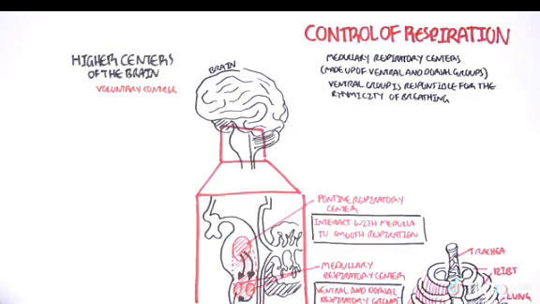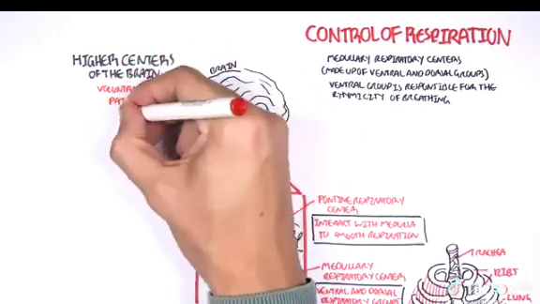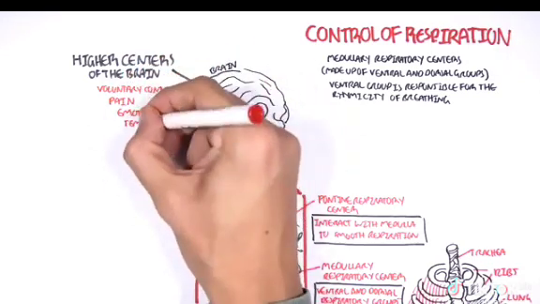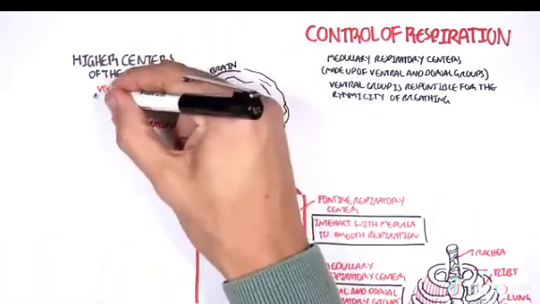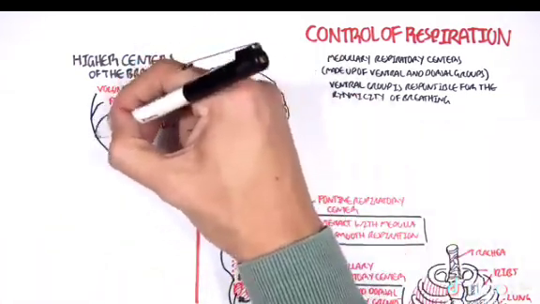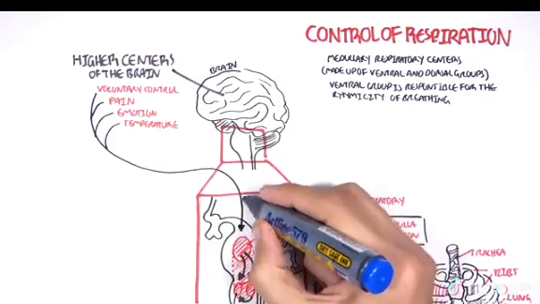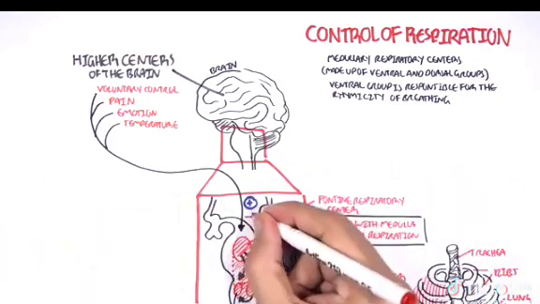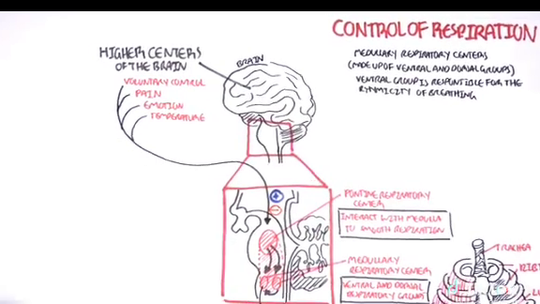We can stop breathing for a while before the brain just takes over. The higher centers of the brain are also important for the perception of pain, emotion, and temperature. And so all these factors can influence the respiratory rate. So they will firstly either stimulate or suppress the pontine respiratory center, which then will stimulate or suppress the medullary respiratory center and respiration itself.